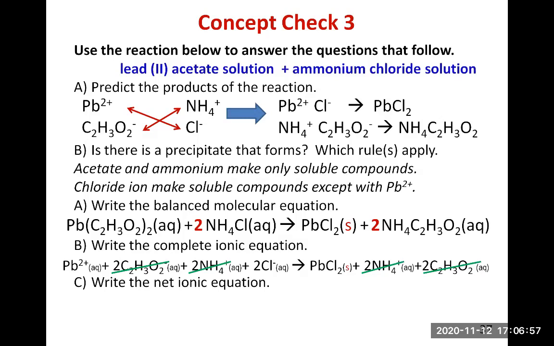When we omit them, we can write the net ionic equation as follows: Pb2+ aqueous plus 2 chloride ions aqueous give PbCl2 solid, the precipitate. That is the net ionic equation, summarizing what is actually happening when you are mixing those 2 solutions. You're making a precipitate.